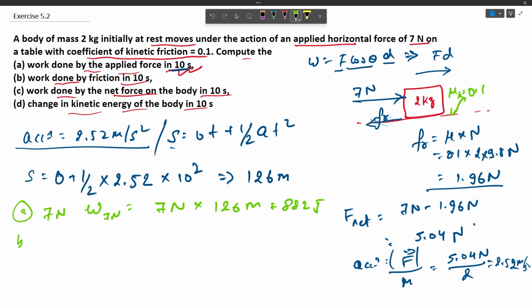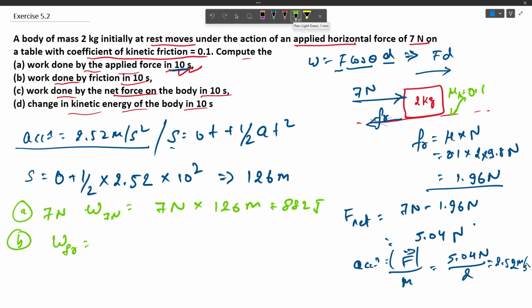Now B part of the question says that work done by friction in 10 seconds. So we found out that friction is 1.96 Newton. Now the work done by frictional force would be negative because the angle between frictional force and the displacement is 180 degree. So theta equal to 180 degree and cos theta is negative for 180 degree.